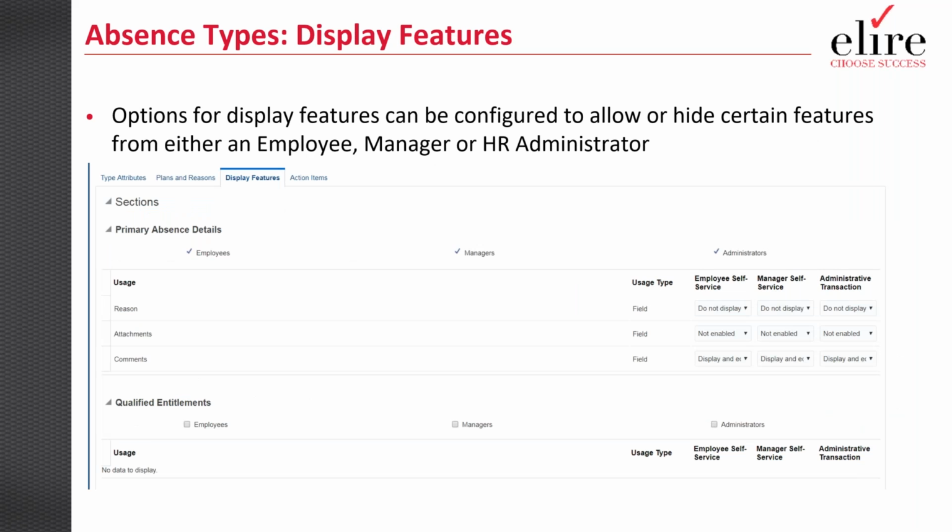As I was talking about earlier, the display features, this is the large portion of the absence type. This is where you can configure what an employee can see, what a manager can see, and what an administrator can see when they go to enter the absence. In this particular configuration, the only thing I've actually enabled are comments. And so you can enable comments, attachments, reasons.